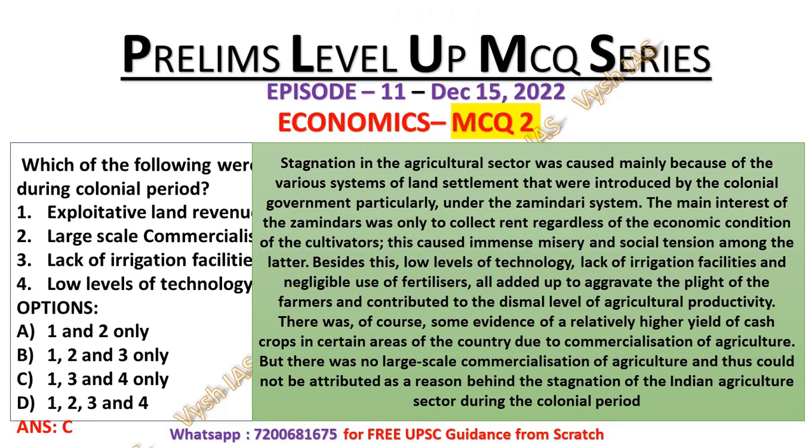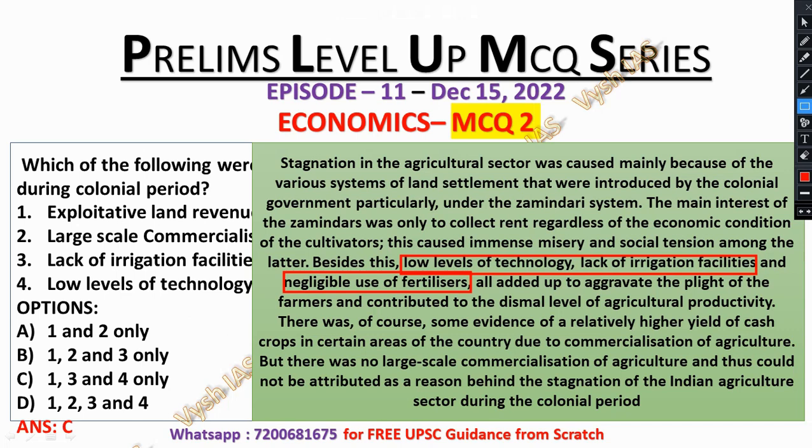Besides this, we also know that during that time there was a low level of technology, a low level of irrigation, and negligible use of fertilizer. These things also affected the farmers and contributed to the dismal level of agricultural productivity.